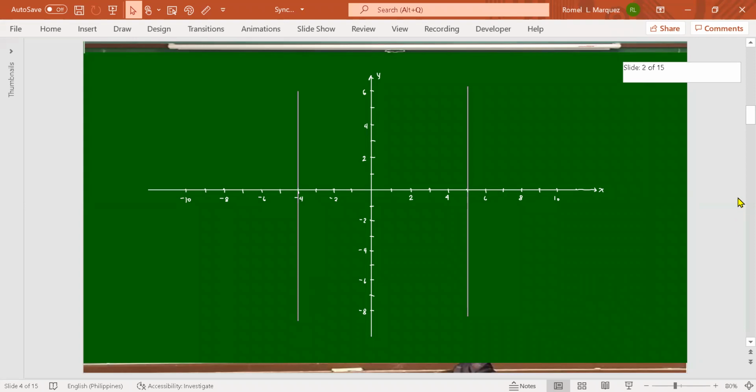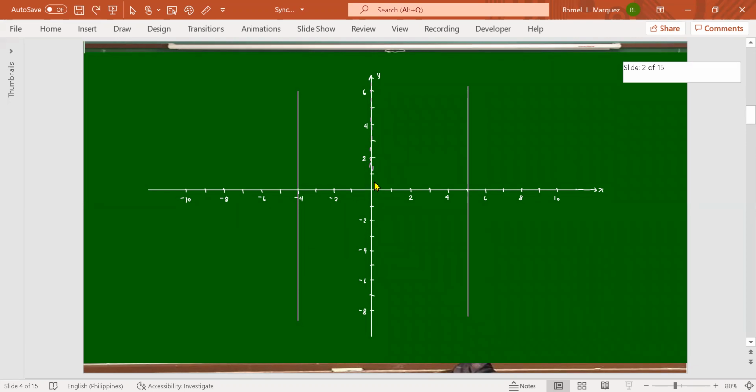And then we have vertical asymptotes. We use a solid line. So at x equals 0, that is the y-axis, x equals 0.